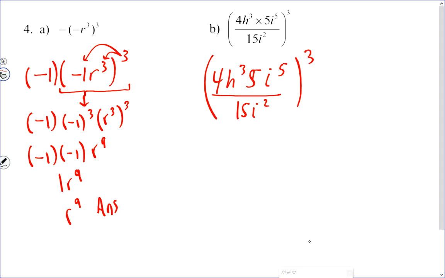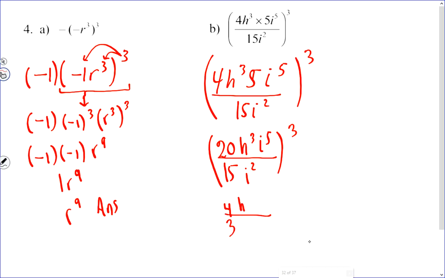We should ask ourselves if we can simplify what's in brackets. If I do, the 4 times the 5 on the top is 20, and I have h cubed, i to the 5, over 15 i squared, and this is raised to the 3. So all I've done there is just multiplied the 4 by the 5 to get 20, but I notice that 20 over 15 can be reduced to 4 over 3.